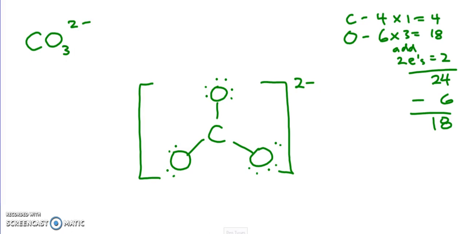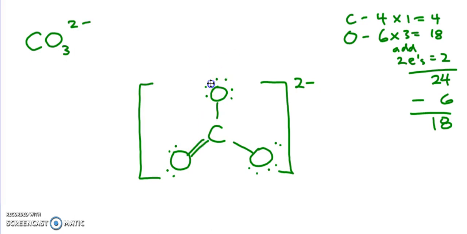And we're going to make a double bond. So this oxygen still has 2, 4, 6 for one bond, and 8 for the second bond. So he's happy. Carbon has 2, 4, 6, 8. So carbon's happy.